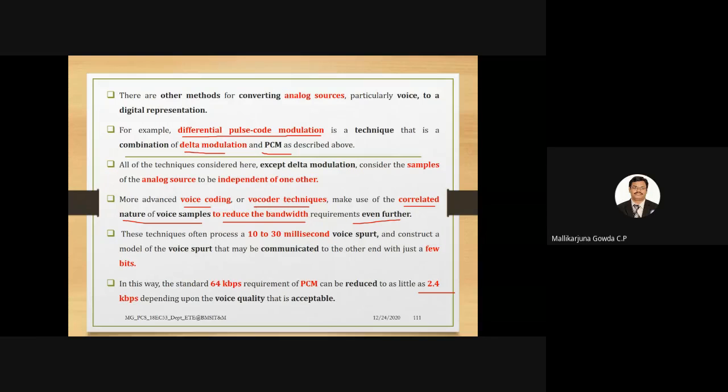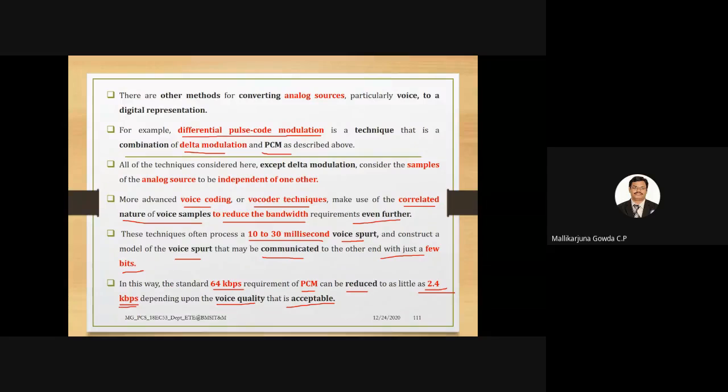The techniques use 10 to 30 milliseconds of voice spurt to construct a model of the voice spurt, and it may be communicated to the other end with just a few bits. So the standard 64 kbps required for PCM can be reduced to as little as 2.4 kbps, depending upon the voice quality that is acceptable.